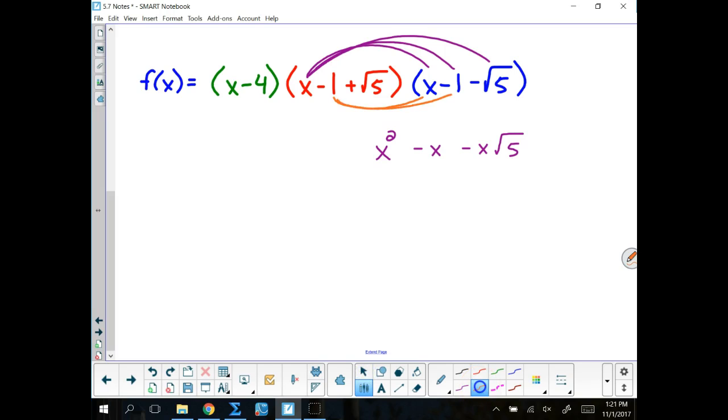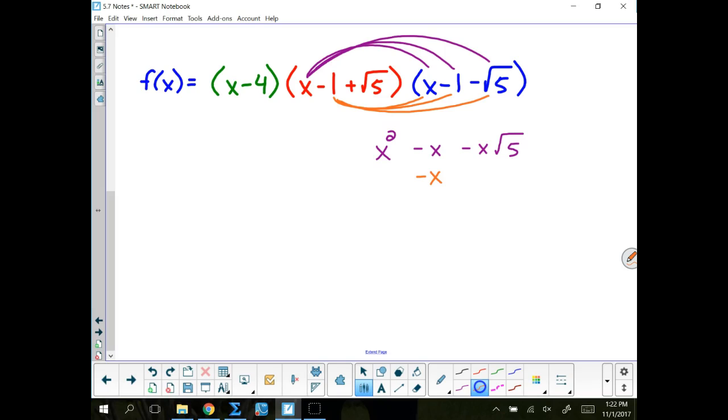Then -1 has to go into all of those. So it would be -x, right?